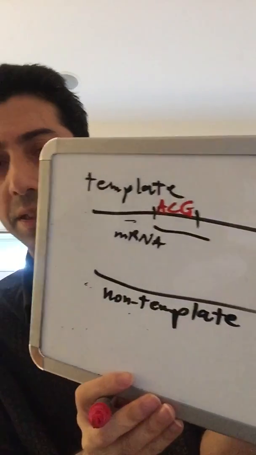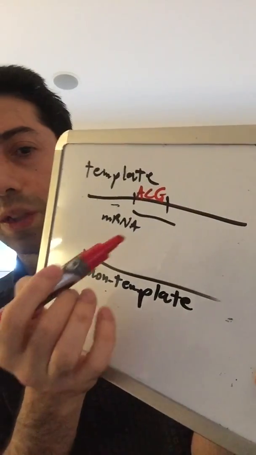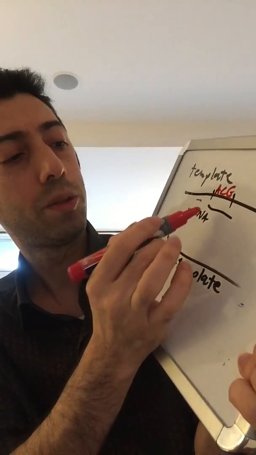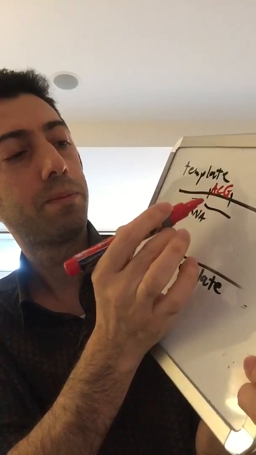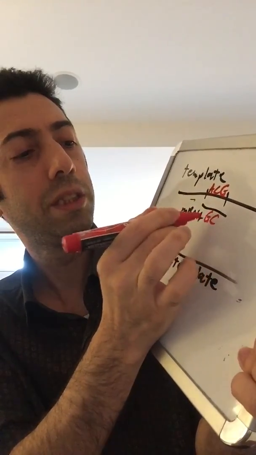mRNA, let me make some nucleotides for you. Imagine we have ACG here on the template. What we're going to make here is going to be CG.